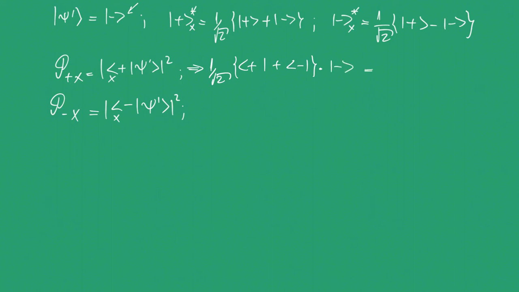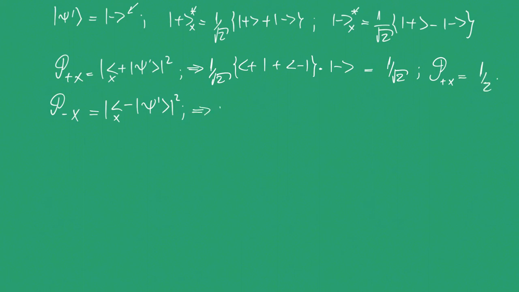If we calculate it, I'll skip some steps, we end up with 1 over square root of 2, but this value is squared, and then we have one half.